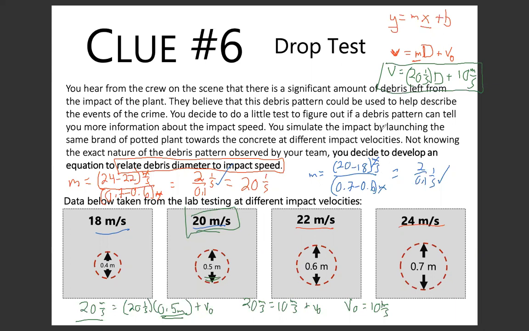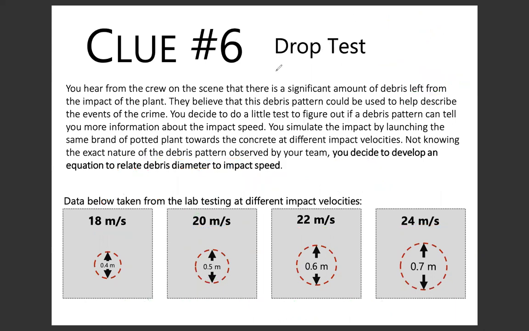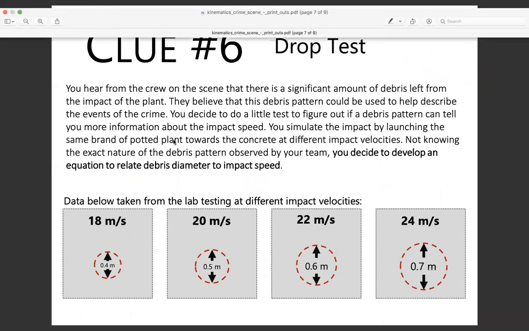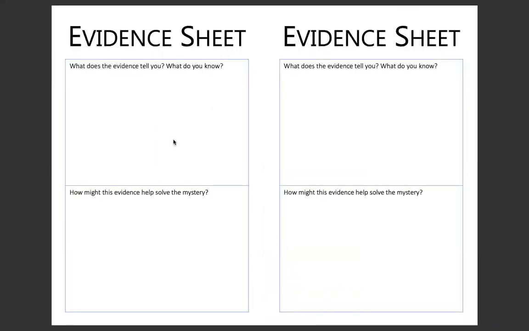Okay, so now we have all of our various clues. Those are all the important clues. And now we want to talk about what the evidence tells us. There are a few things that we know. We learned that the acceleration of the car was 3 meters per second squared. We learned that the height of the balconies wasn't 4.